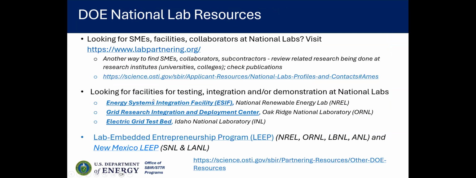And these are going to be specific to certain technologies. What Oak Ridge is interested in seeing, what Idaho National Lab technologies that they would test, etc. And if you are not familiar with the Lab Embedded Entrepreneurship Program, it's a program that has some synergies with SBIR. Many SBIR awardees also apply and win a spot in this program as well.